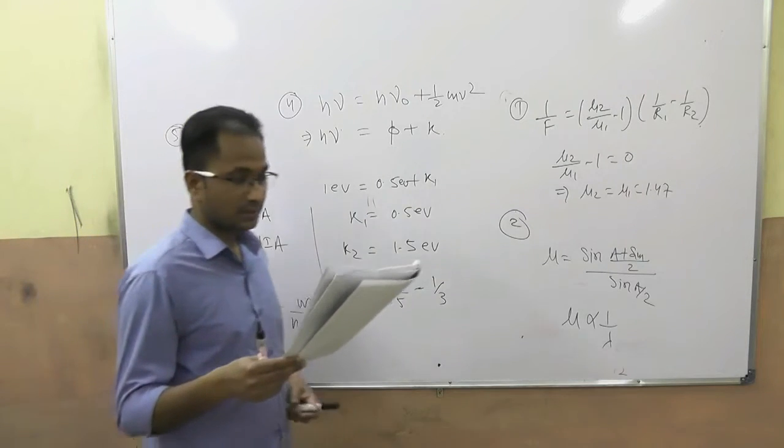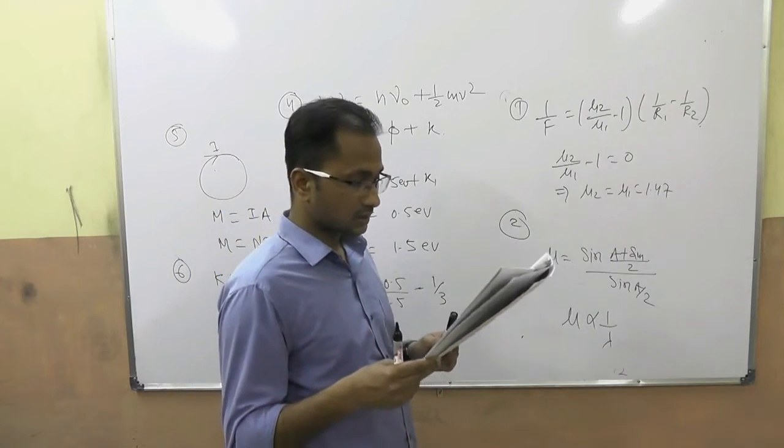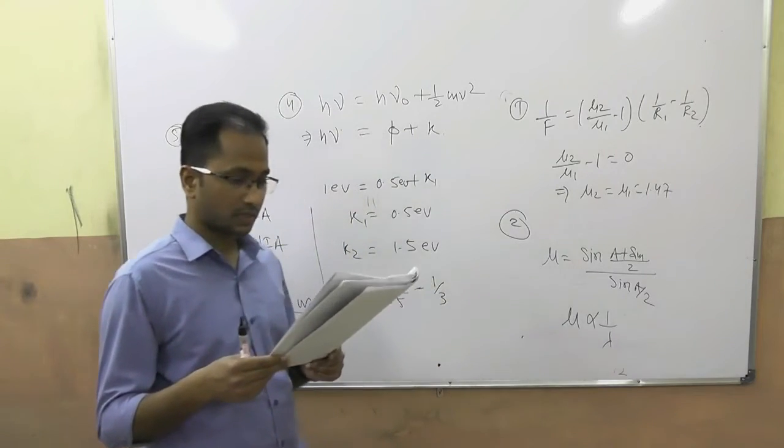Now question 7. Two unequal resistors are connected in series across a battery.